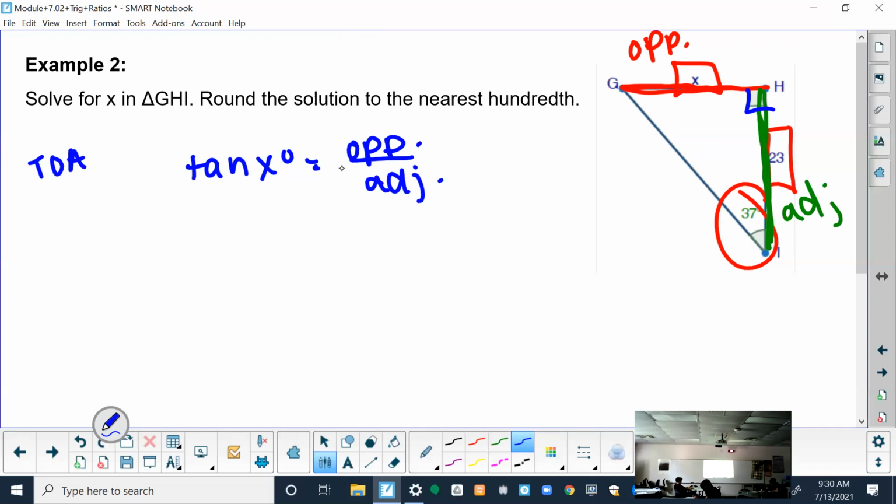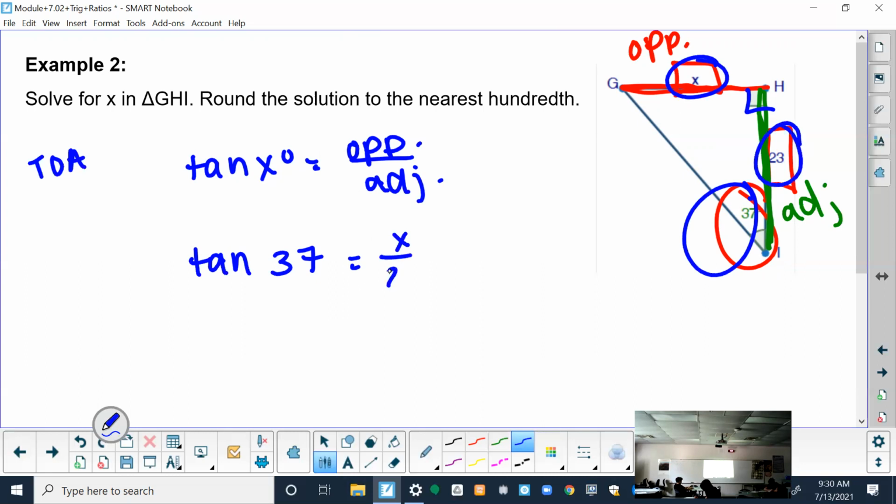So then here's the definition for tangent. Plug in what you have. The angle measure, it does tell us, is 37. The opposite side, they labeled as x. And the adjacent side, they labeled as 23. All right, now we are going to solve for x.